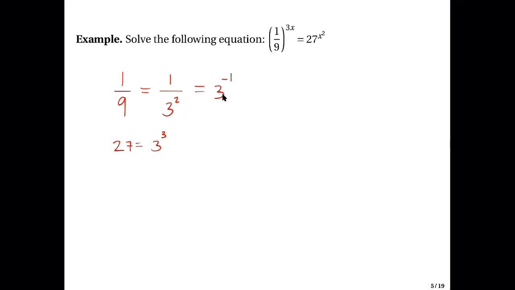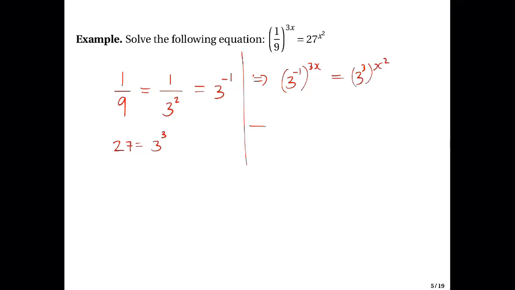So we use this and replace respectively 1 over 9 and 27 in order to have an equation with a common base. We write 1 over 9 as 3 raised to negative 1, but this has exponent 3x. And on the other side, you have 27, but that's 3 to the 3, and it has exponent x squared.